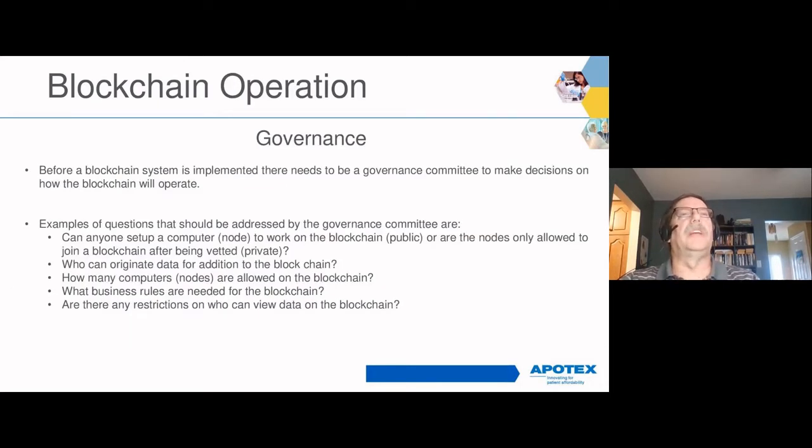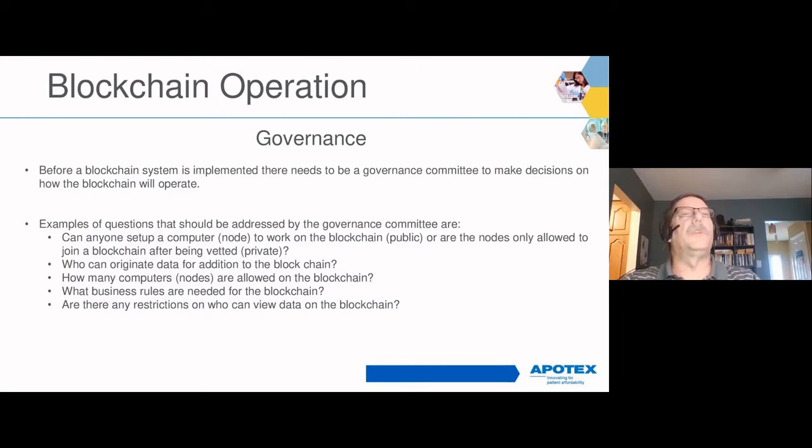A blockchain has a governance, and it's usually a governance committee that gets together to decide how a blockchain will operate. And while there's a number of questions that might get involved in that, there's a few things that you should always do for every blockchain.